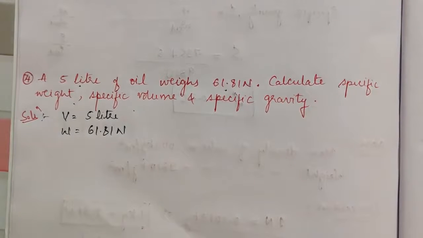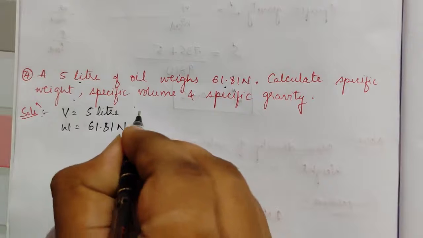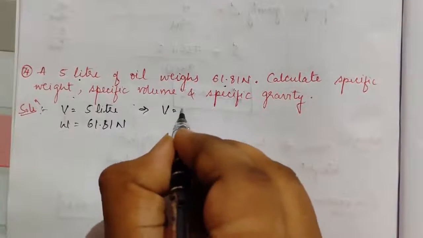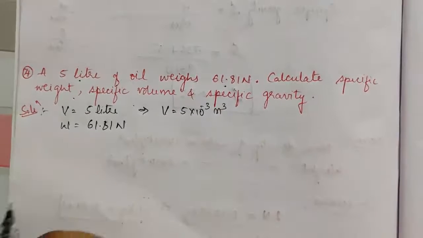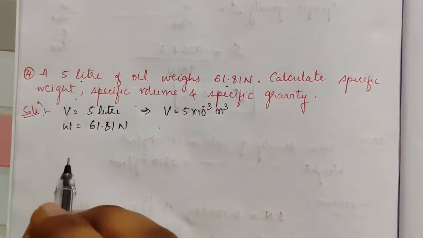This is the given value. We have to find it with the same formula and the same notation. As in the note I discussed, volume will be 5 into 10 power minus 3 meter cube. Weight, let it be in Newton only.